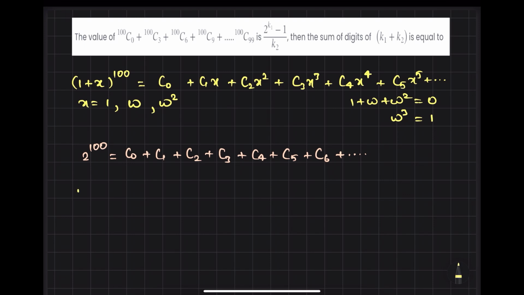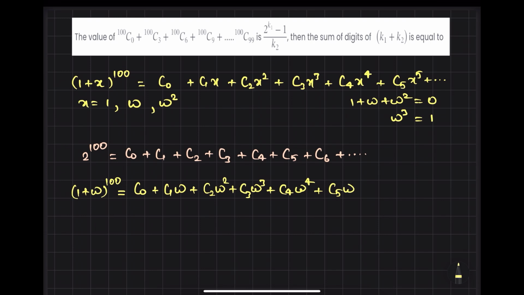Be super slow, so it will become 1 plus omega power 100 equals C0, C1 omega, C2 omega square, C3 omega cube, C4 omega 4, C5 omega 5, C6 omega power 6, dot dot dot.